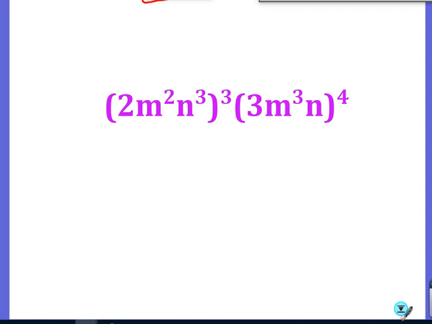This final example is a set of two power to power parentheses. We know this is power to power, as noted by the exponent on the outside of the parentheses. For the first set, we will raise 2m squared n to the third power. Then, we will take 3m to the third n and raise it to the 4th power.